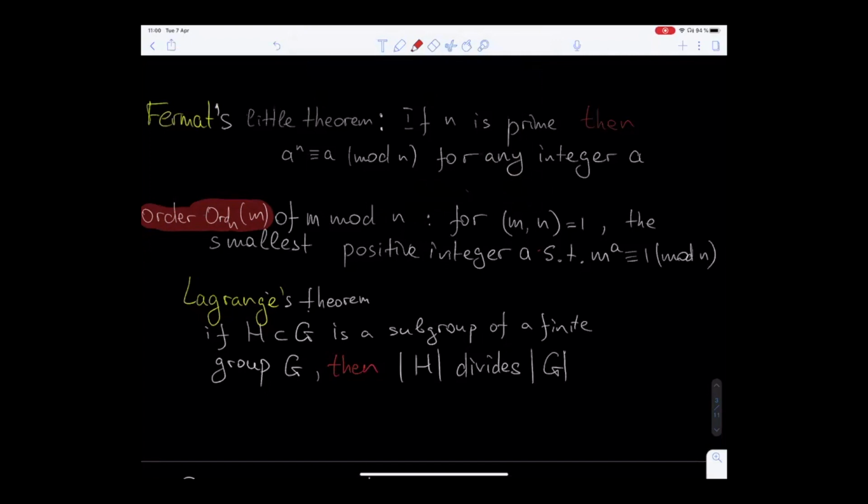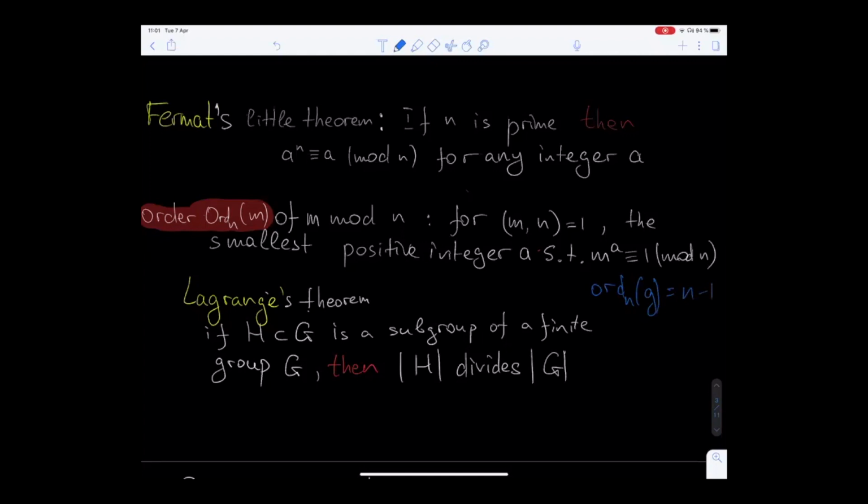It is the smallest positive integer a such that m to the a is 1 modulo n. So on the previous slide, the order of the generator g was n minus 1.